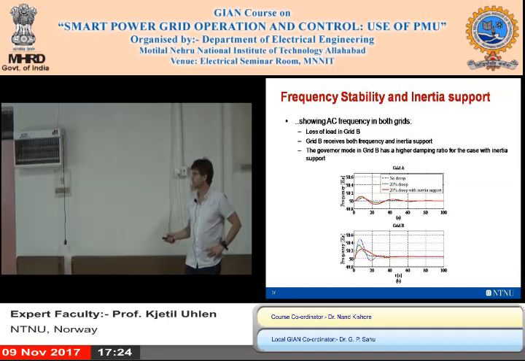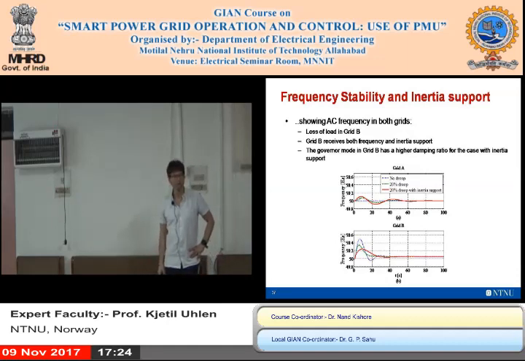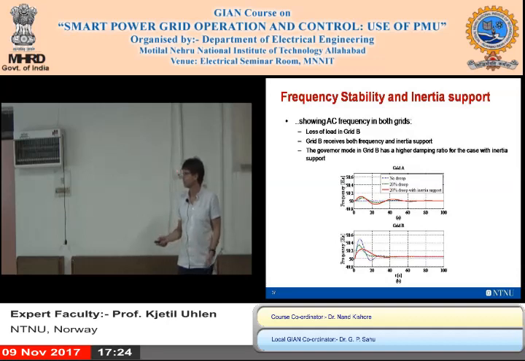But if you add some derivative term that we could call inertia support, you get the red response, which limits the rise of frequency even more, and you get more support from the other side. So this looks perfect in the way I see it. You help the other grid substantially with this, and it stabilizes and everything is fine.